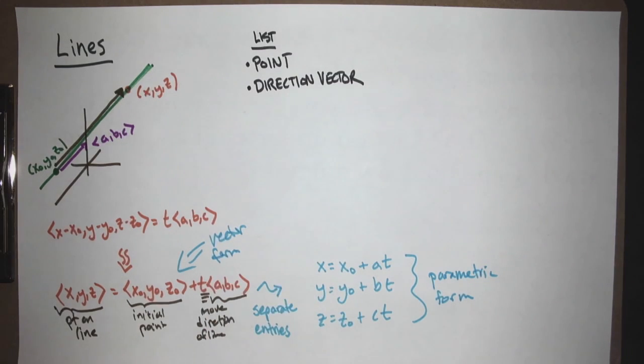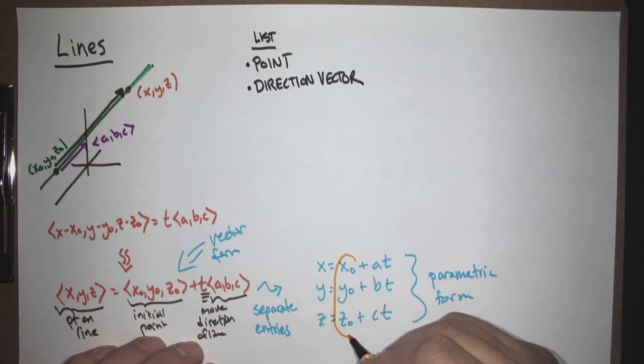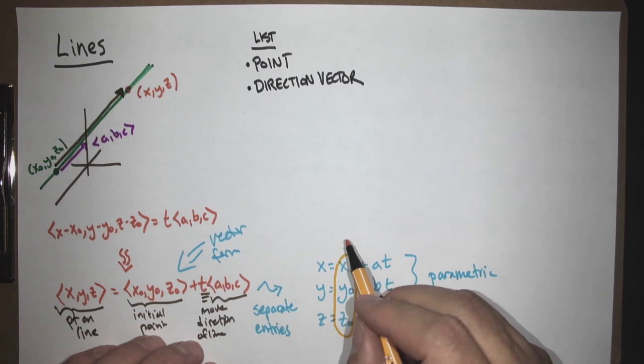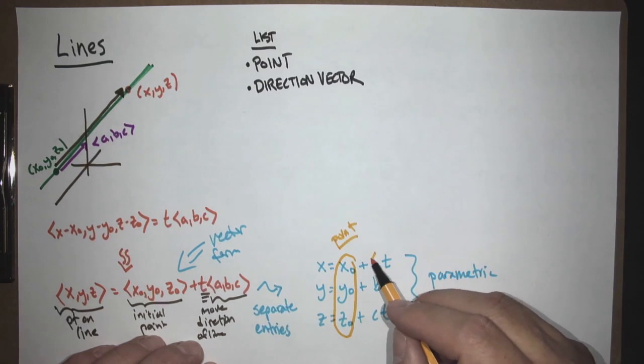Now, the nice thing is if you understand where things come from, you can read off information about a line. So, for instance, x0, y0, z0, what is that? Yeah, it's our initial point. What about your a, b, c?